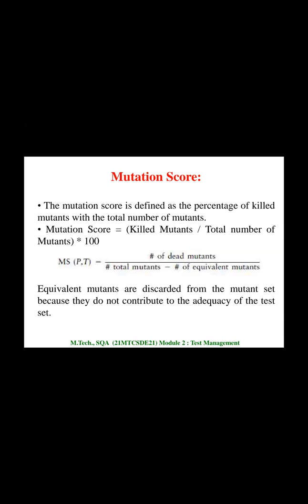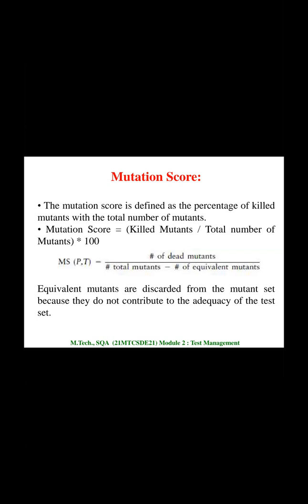So dead mutant means if the original program and the mutant program both are producing different results, then we will kill the mutant program. So how many cases mutation testing is successful, that is taken as number of dead mutant. And total mutant means, say if you created 10 mutant programs, 10 will be taken.